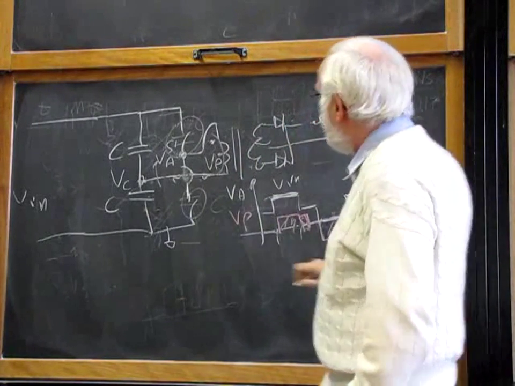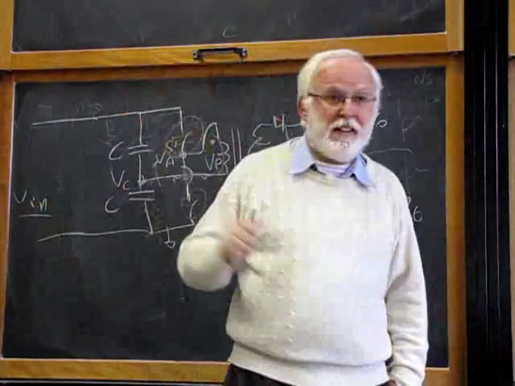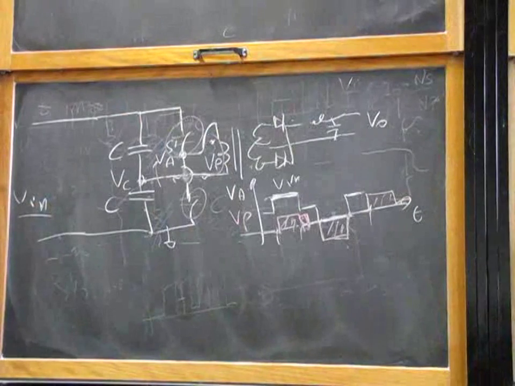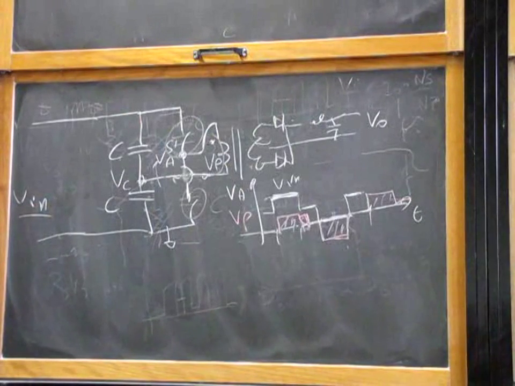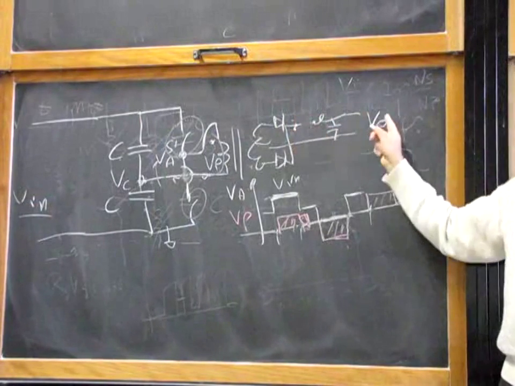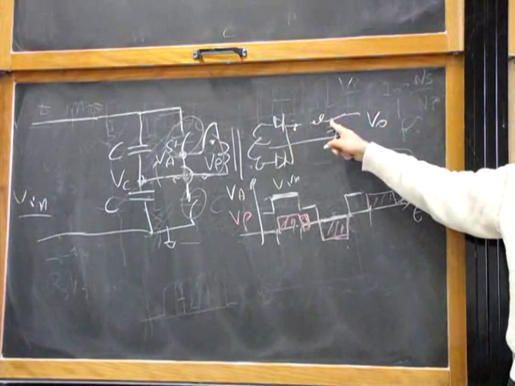I am looking for V0 over V in this circuit because it's what I needed to design the transformer. V0 is equal to, from this point on, a buck converter.